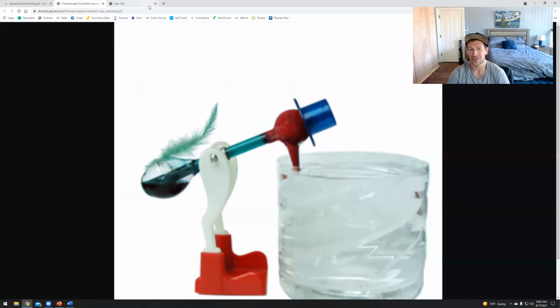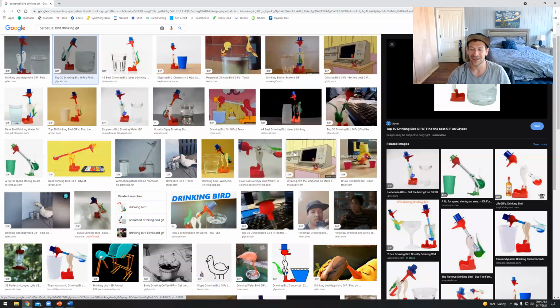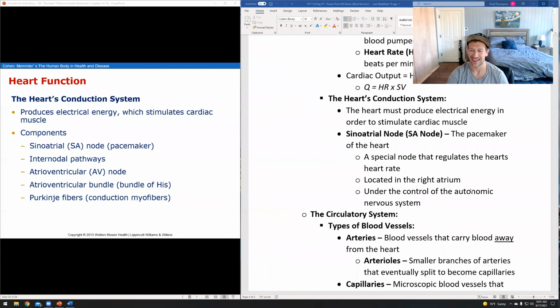You'd start it moving once and then it would never really stop until it ran out of water, right? Because that water would flow down and drip down here, and then that would make it heavier. So then it would fall backwards, and it would just do that. My dad loved that thing. And that is kind of how your heart works. It's a very weird thing. I actually told my dad that I used to use this as an example in my lectures, and he loved it.